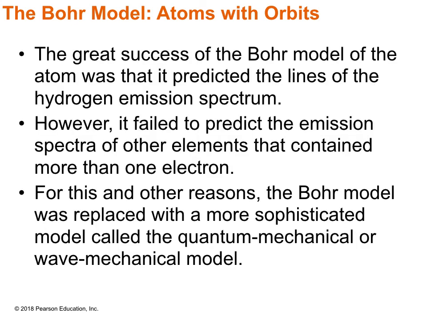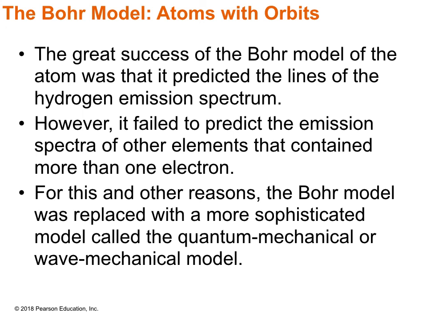Okay, so this was a really good attempt at trying to understand the atom, specifically the electrons around the nucleus, but it wasn't totally correct. It was just a first step in getting to where we're supposed to go. The great success of the Bohr model of the atom was that it correctly predicted the lines of the hydrogen emission spectrum.